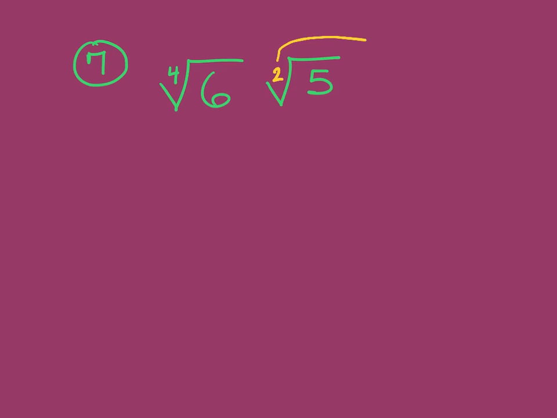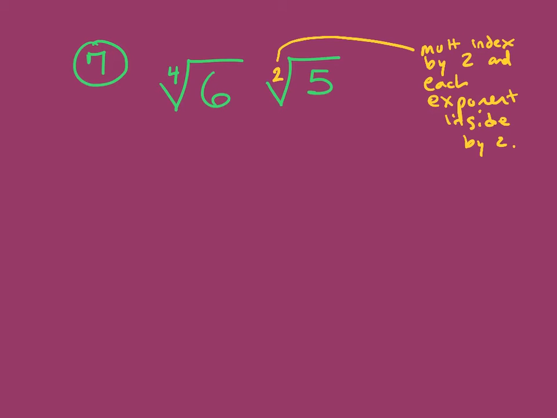And the way that we do this, since we have to multiply the index by 2, and each exponent inside by 2. So we're going to have a 4 in that little nook there. And since this is 5 to the first, we're going to multiply that exponent by 2 also. So this is going to be 5 to the second.